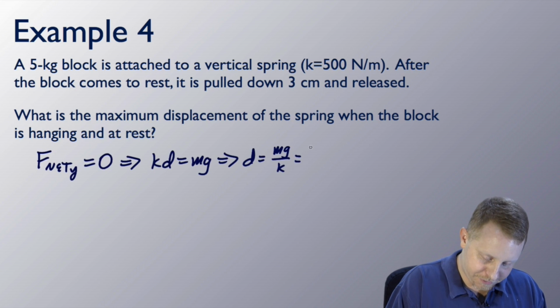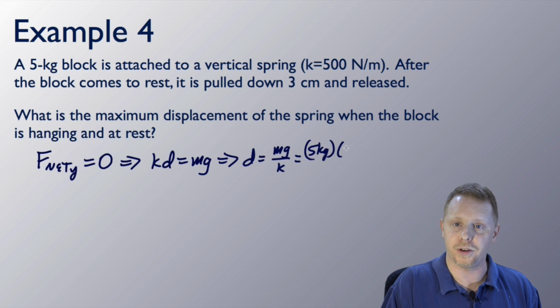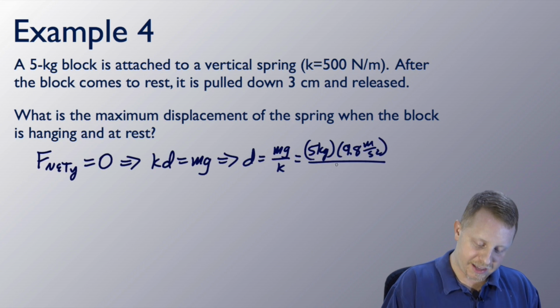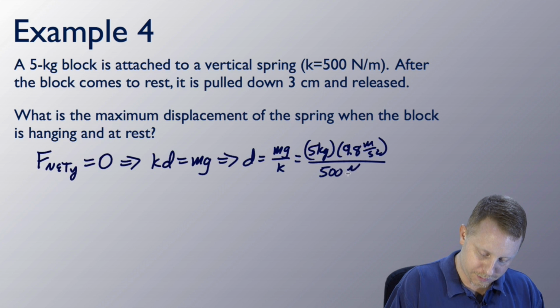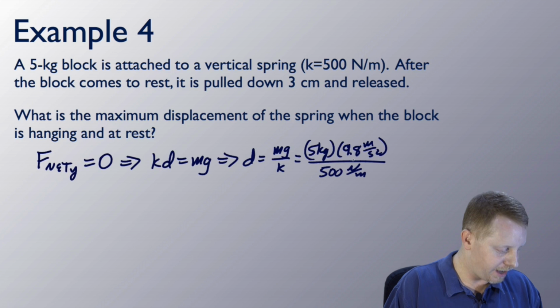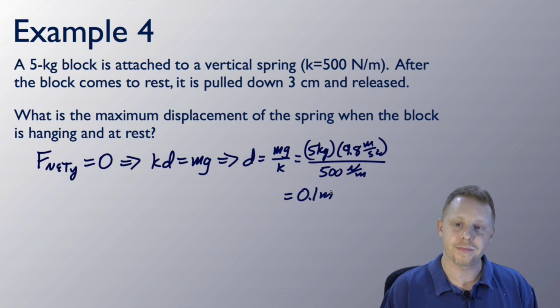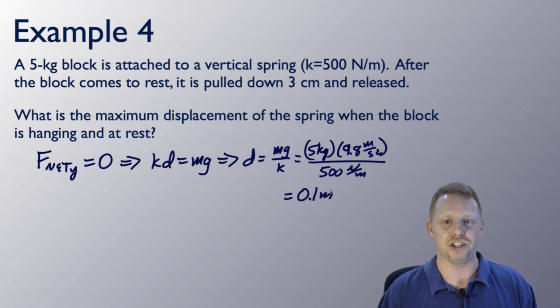We've got our mass, 5 kilograms, our acceleration due to gravity here on the surface of Earth, 9.8 meters per second squared, divided by k, 500 newtons per meter. 1/100th of 9.8 is 0.098, or close enough to call that 0.1 meter. So there's our resting position.